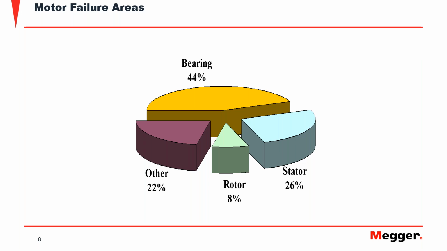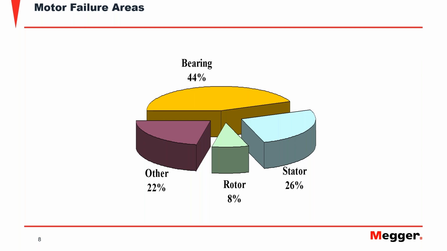The stator is responsible for 26 or thereabouts percent of the failures on machines. The rotor comes down to 8%, and then you have an undescribed other that's about 22%, which can be of many different types. So that's why it's typically not divided here per the particular sites.